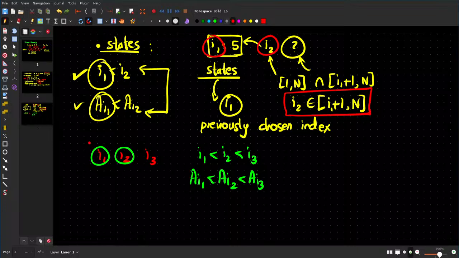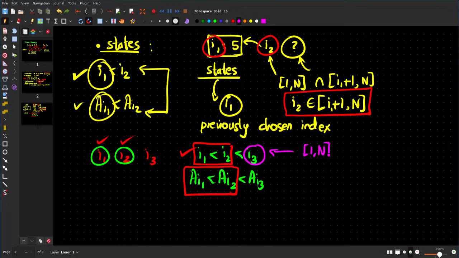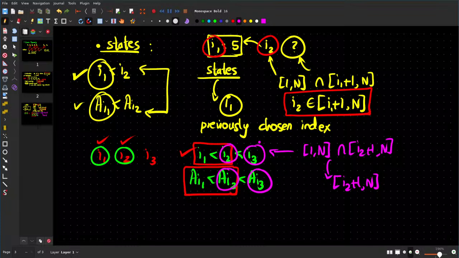And notice that if you have chosen some values for I1 and I2, then this constraint is already fulfilled. Now whenever you are trying to give some values for I3, we were saying initially it should be between 1 and n, but it should be between I2 plus 1 and n. And the only thing that it needs to follow is whether it is greater than I2. So I3 does not need to know what are the values of I1, right?